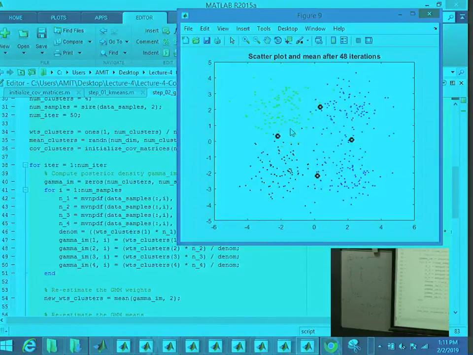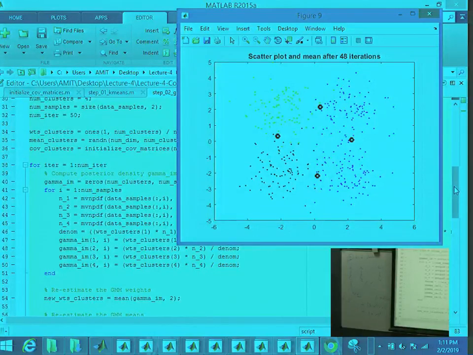But if you see, each of the clusters is having identity as the covariance matrix. This is a cluster, and this is another cluster, and this is another cluster. It somehow hit the wrong spot.